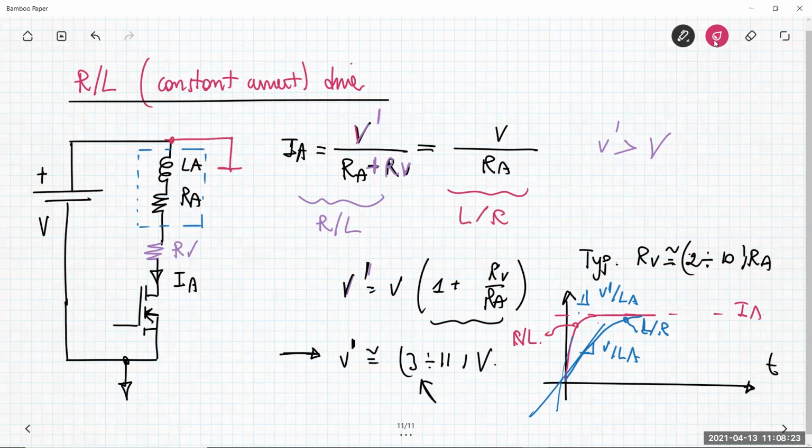At turn off, let me put here the freewheeling diode. In our circuit, the MOSFET will become off and the current recirculates in this circuit here, making the diode be on, and now the time constant is something like LA over RA plus RV.